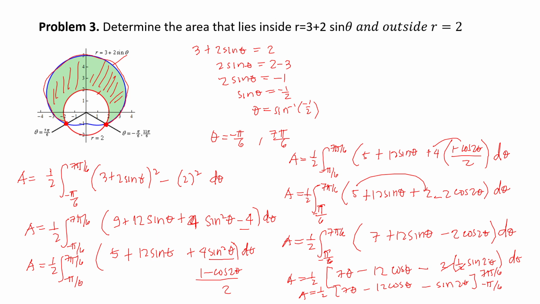So let's solve here. Area is equal to 1 half of 7 theta minus 12 cos theta minus sine 2 theta from negative pi over 6 to 7 pi over 6.